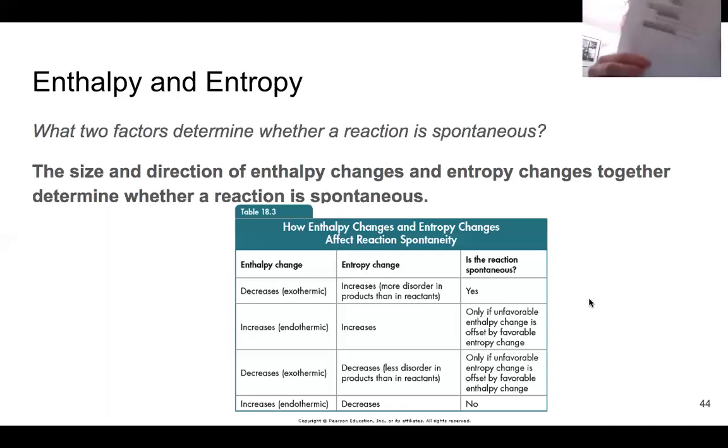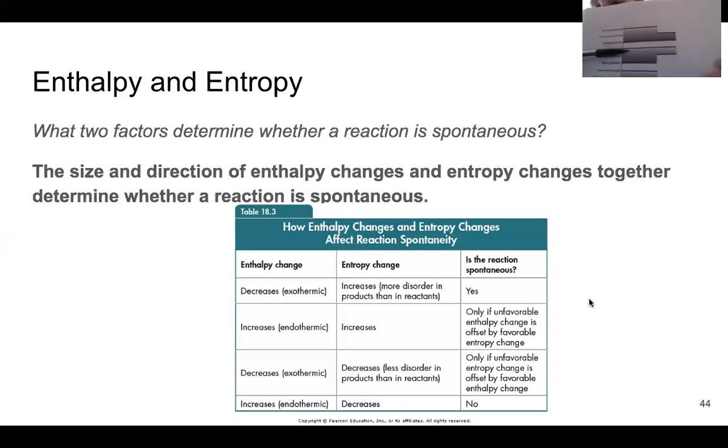We could see, especially with this bottom one, or all of these, that if the unfavorable one has the largest arrow, the reaction will be non-spontaneous. Let me look at this one.